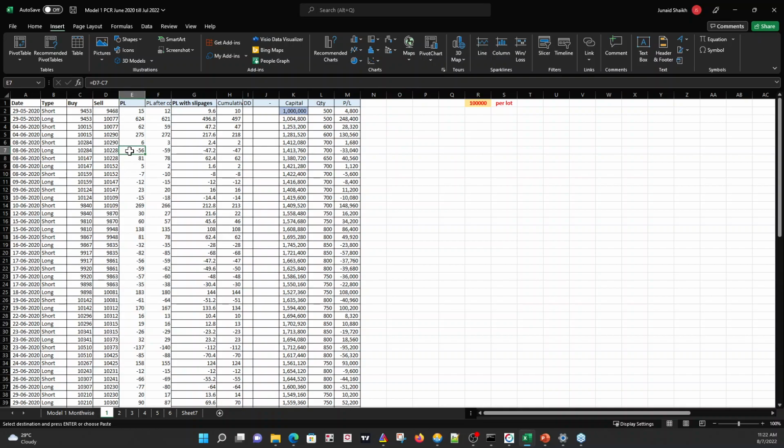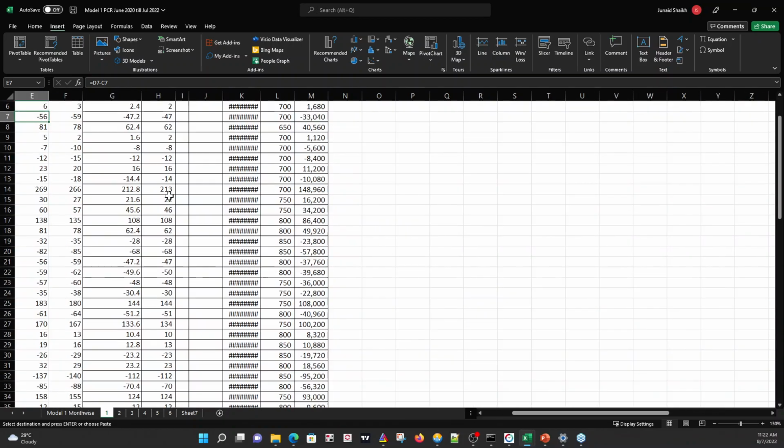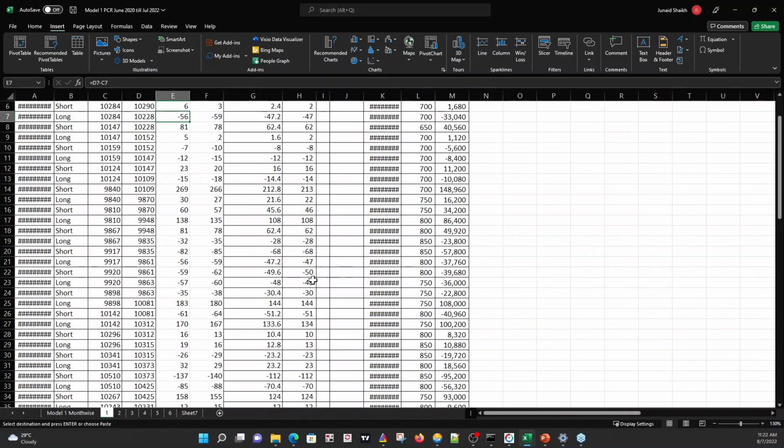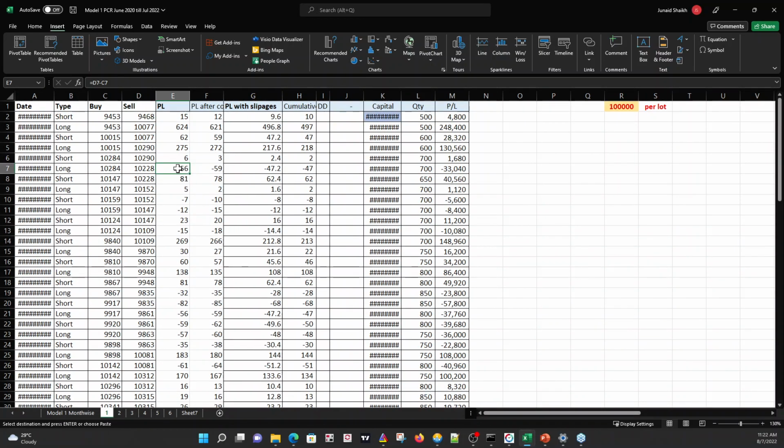Now, what about the loss-making trades? If the model is taking minus 56 points, let me just make it a little bigger. So if the model is taking minus 56 points, then we are considering that we got a little... there's a little mistake here, but anyway, this is going to negate everything.